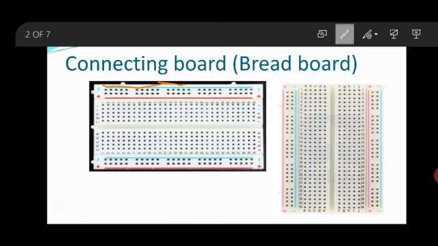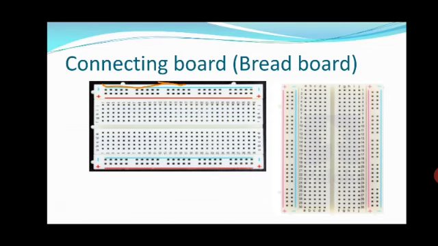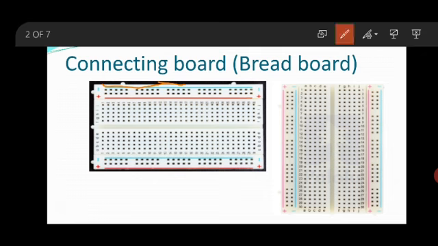Now this is the connectivity of the breadboard. Let us come to the lines below, these lines. There is connectivity for each dotted line here in a vertical way. In the above, the first row and the second row have connectivity in the horizontal way. In the below part, whatever I have marked here with a circle, the connectivity is in the vertical way.